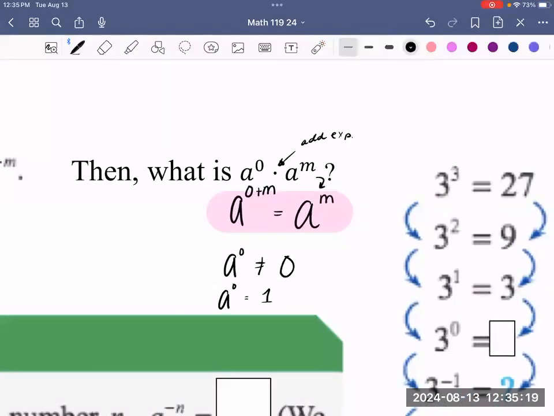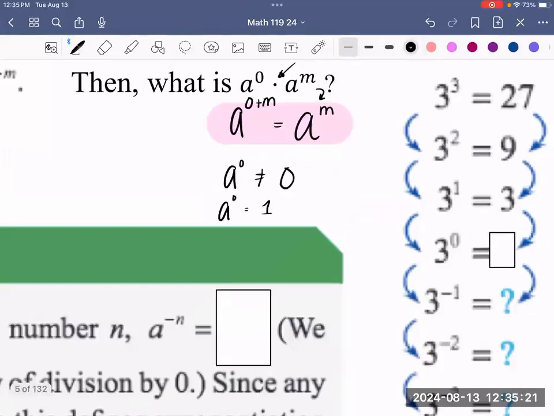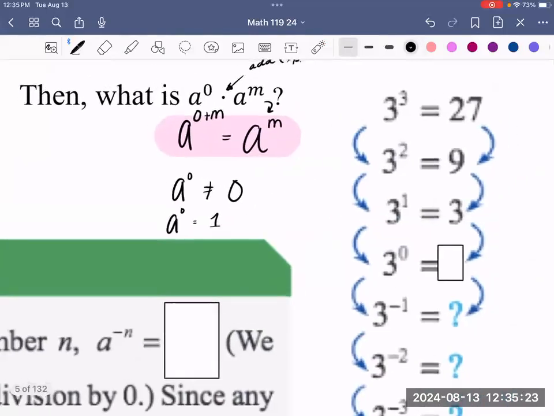Anything to the 0 power is equal to 1. I'm going to write that there somewhere. Anything to the 0 power is equal to 1. No matter what it is, it will be equal to 1.